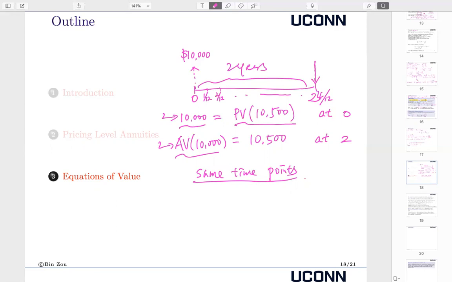Then it's more complicated, right? But it's easy to see that the present value of inflow is still the same, $10,000. Just the outflow is different. It will be the present value of an annuity, assuming that you are paying equal payments. If not, it could be something more complicated.